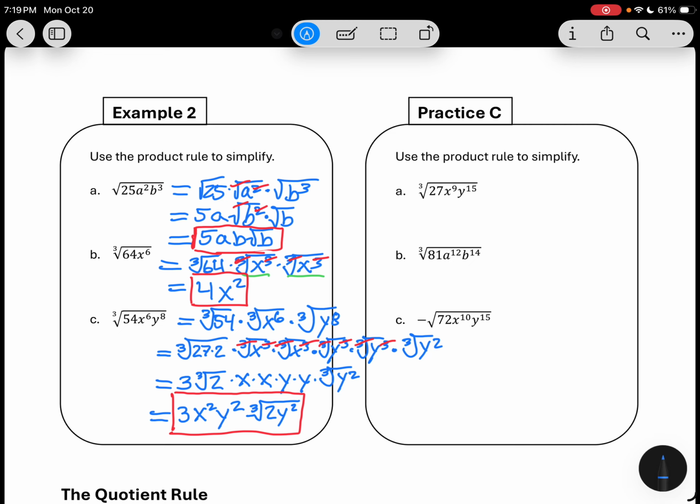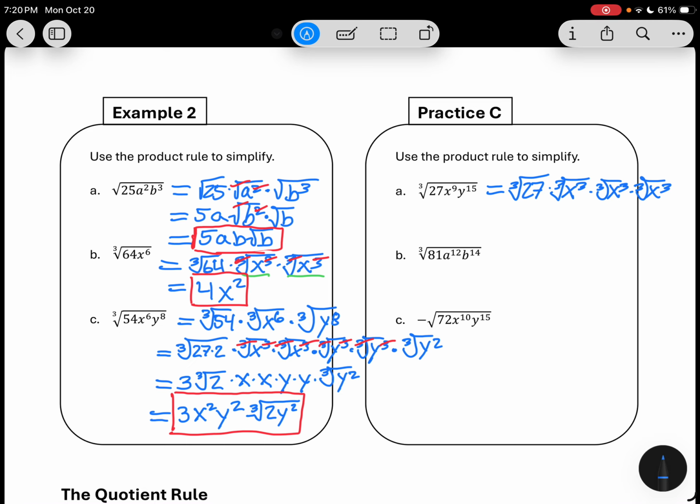All right, if we take a look at practice C, we can split this up. So it is the cube root of 27 times the cube root of x cubed times the cube root of x cubed times the cube root of x cubed. And then we can keep doing that for the y's.